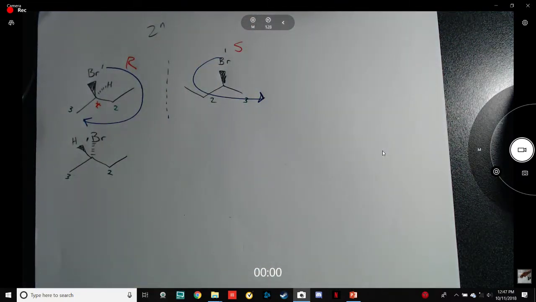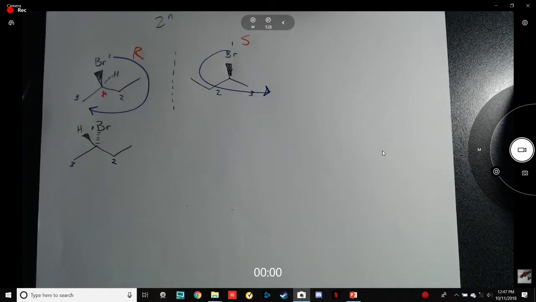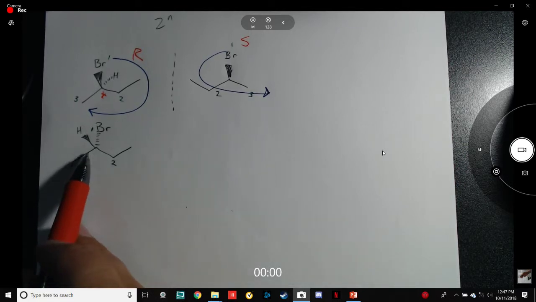The hard way is to rotate groups around, change the way they're bonded together to get the answer. But literally what you want to do here is assign the designation like normal, but if the H is towards you, you give it the opposite designation. So here I am seeing that it is going clockwise, but we're looking at the back of it, so it is backwards. So that is still an S.